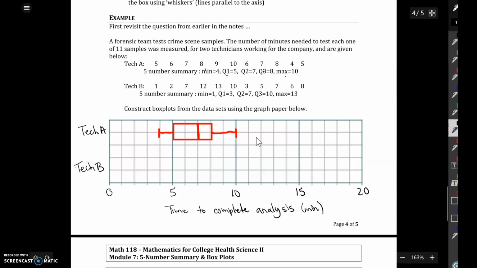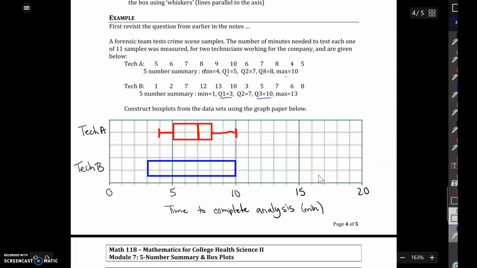When we're drawing multiple box plots on the same set of axes, we leave a space between the graphs. So for Tech B, I pay attention to my Q1 and my Q3 value, and the first thing I'm going to do is draw a box that goes from my Q1 value up to my Q3 value.